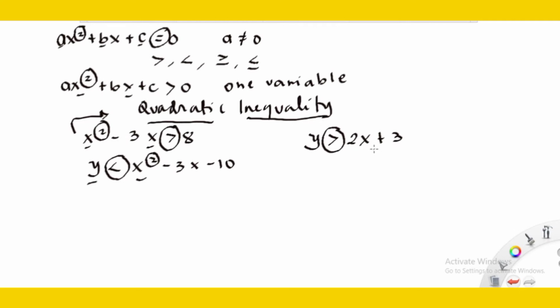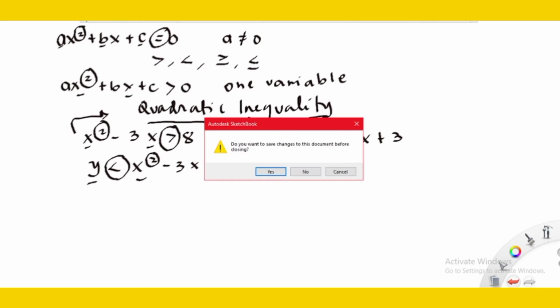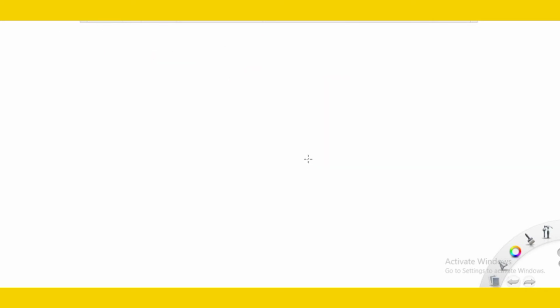So this is not quadratic inequality, but instead a linear inequality in two variables. So now, how are we going to simplify quadratic inequality? So merong mga mathematical statements na kinakailangan muna nating i-simplify bago natin malaman kung sila ba ay quadratic inequality or not.